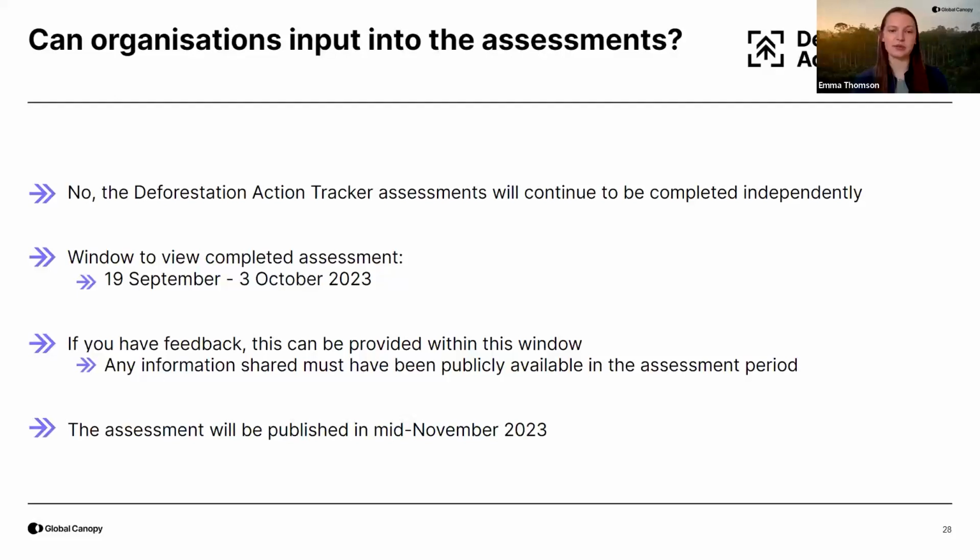Any feedback that you have can be provided within that window if there is feedback to give, but any information shared with us must be publicly available within the assessment period. That is from the 22nd of May to the 31st of August of this year. And then again, the assessments will be published in mid-November 2023. Next slide, please.